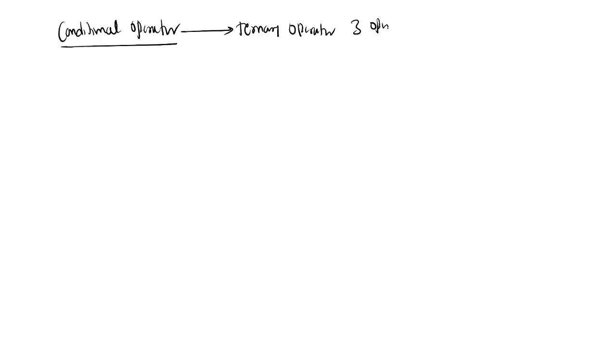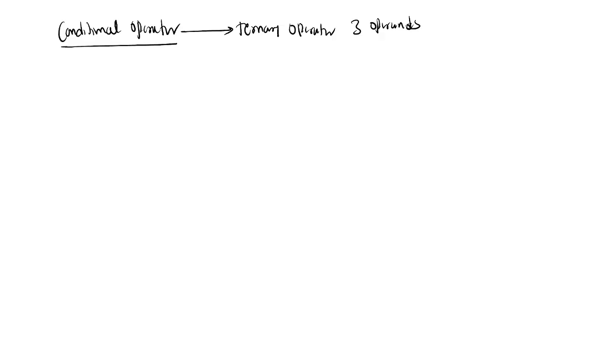Okay, and last is the conditional operator, or we can call it the ternary operator. So what is the ternary operator? You have three operands in the conditional operator.